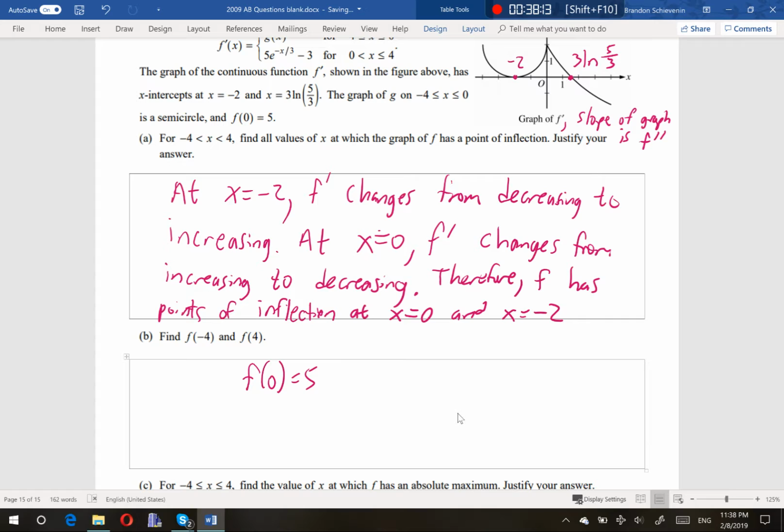If f at 0 is 5, and I want to get to f at negative 4, then I could say f at negative 4 is equal to my starting point, f at 0, plus the change from x equals 0 to x equals negative 4 of our derivative.